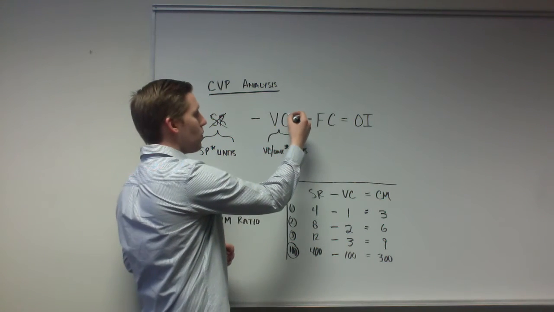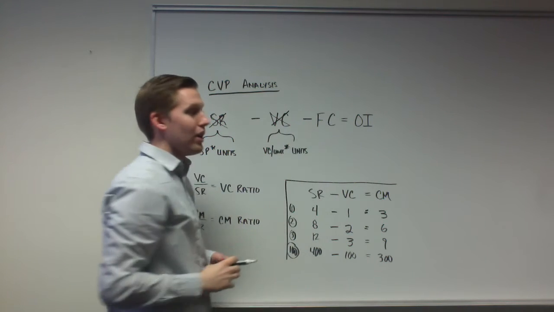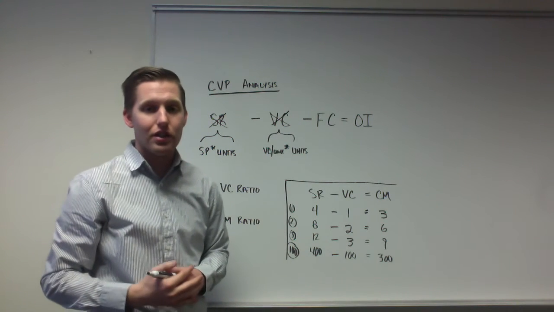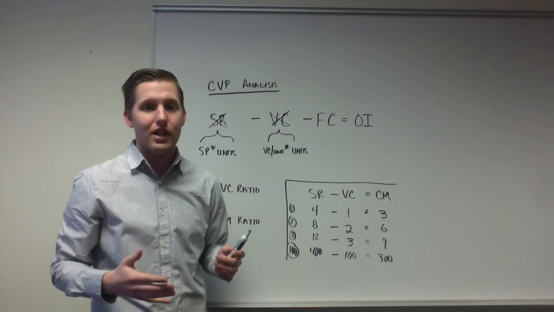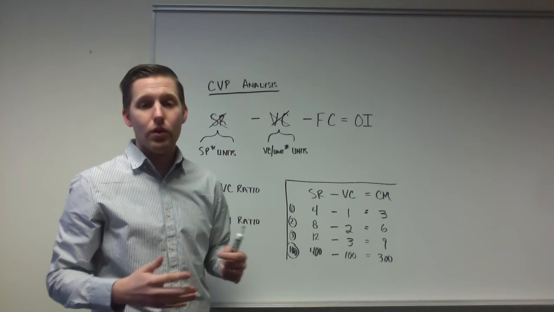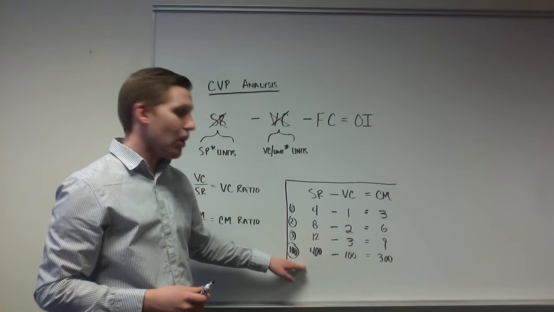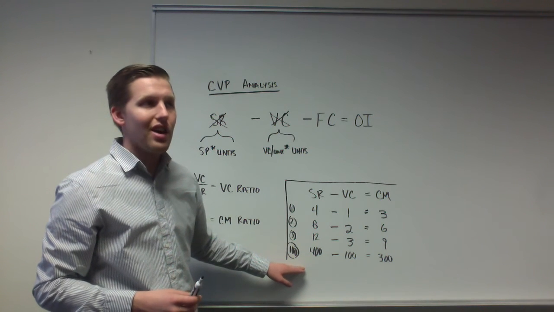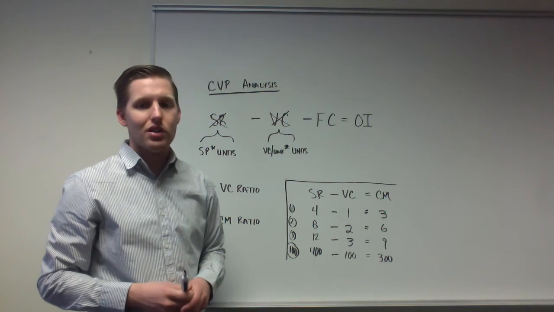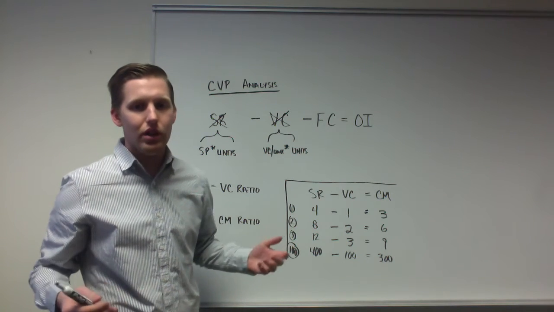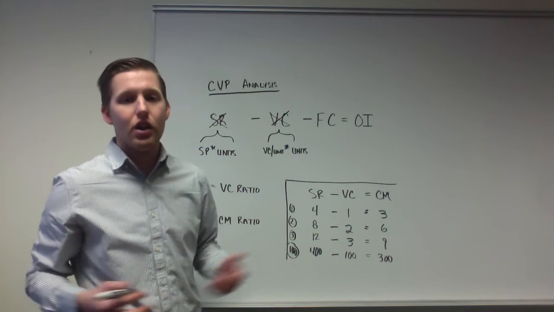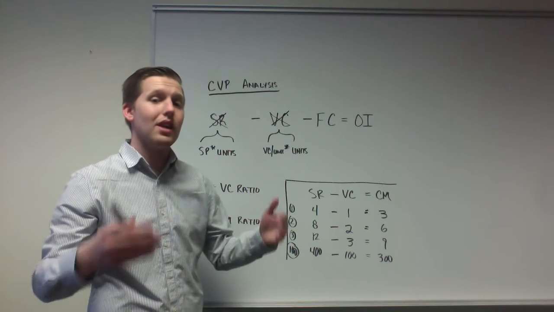So I don't really care if they provide me with total variable cost. That's not going to mean anything to me if they say total variable cost is $100 when you sell 100 units, and then they say, well, what's variable cost in total when you sell 1 unit? Well, that $100 doesn't really help me get the answer.